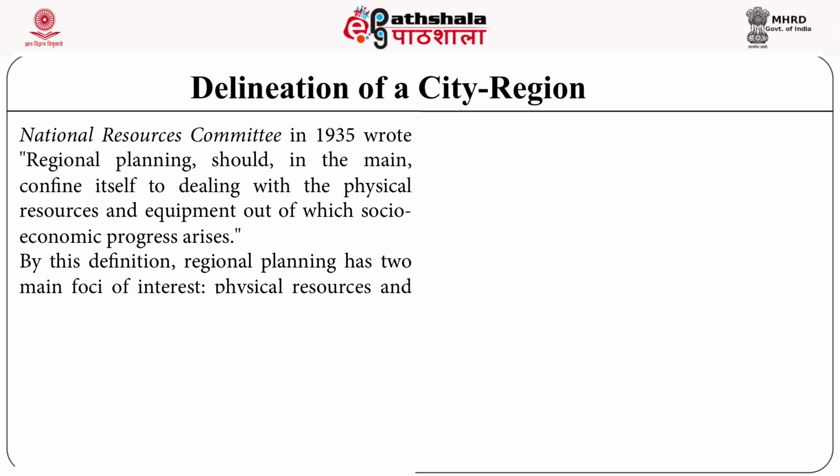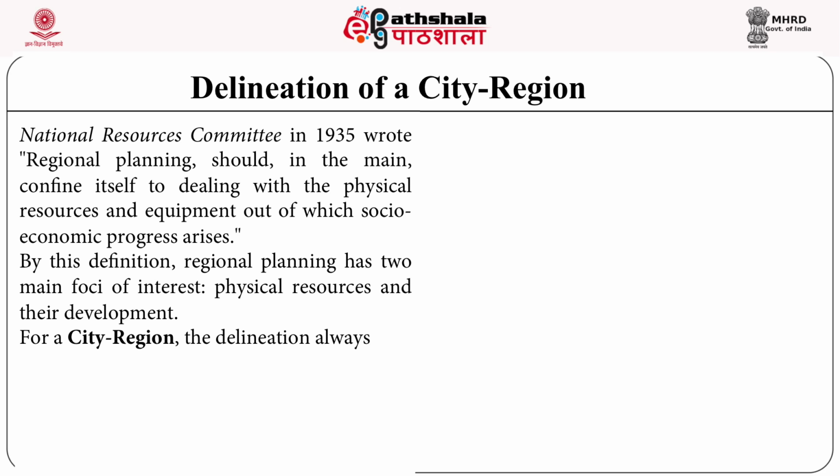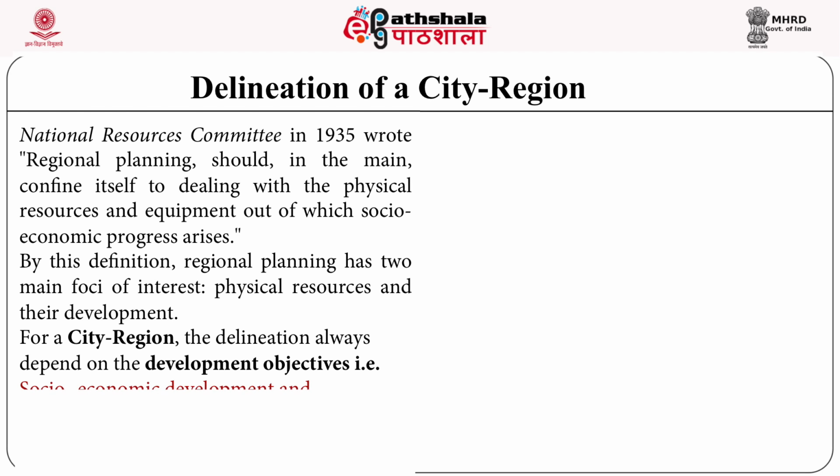So there are various factors on which one can delineate a region, not necessarily the administrative boundary. The National Resources Committee in 1935 said that regional planning should confine itself to dealing with the physical resources and equipment out of which socio-economic progress arises.